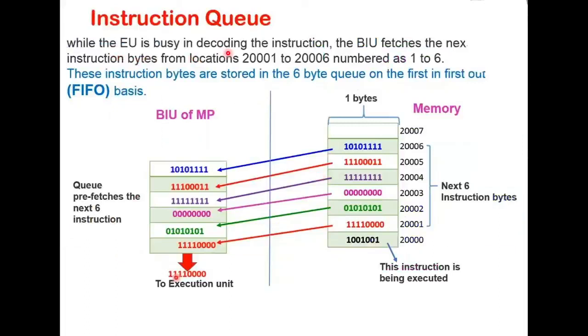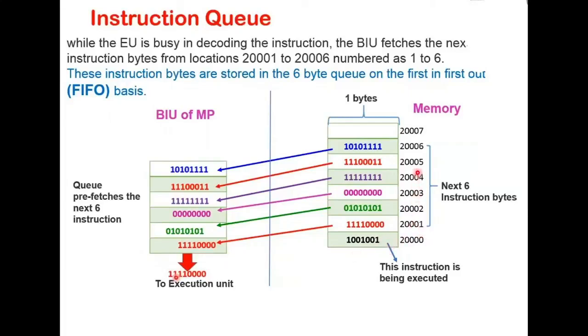Why we need to use this instruction queue? This instruction queue actually increases the speed of processing, okay, and this instruction queue will work on the basis of first in first out. Already I told, FIFO basis this will work, and this instruction queue can store 6 bytes of information in this register, right? Now I hope you understand what is instruction queue, right?